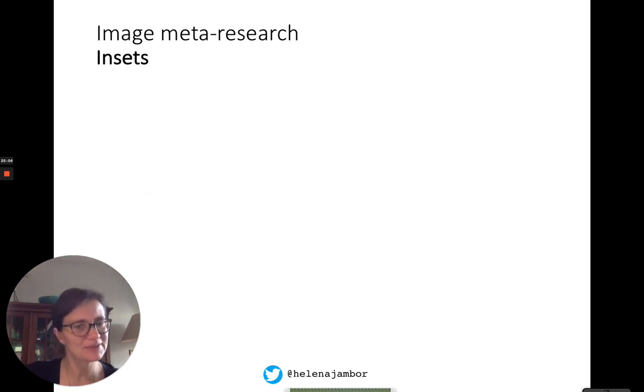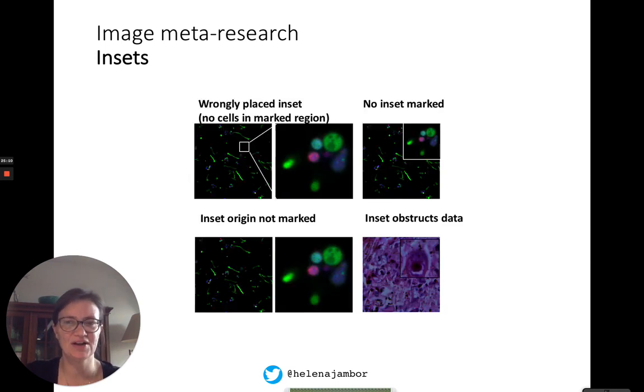One last aspect that I want to quickly comment on is that of insets. We very, very often see insets in papers, and sometimes they go wrong. For instance, what we have observed is that sometimes insets appear from a random region of the image, so they were wrongly placed, mostly I assume by accident.